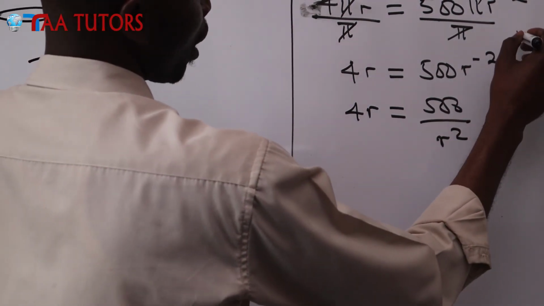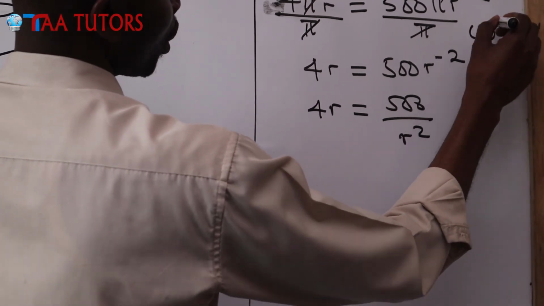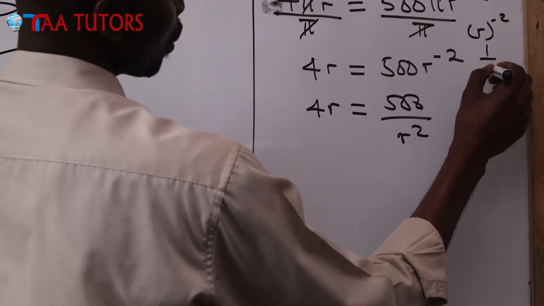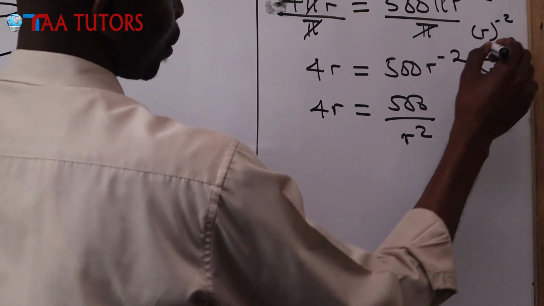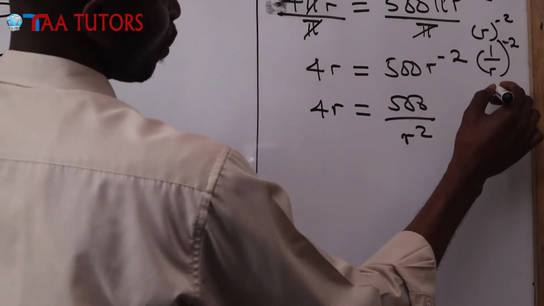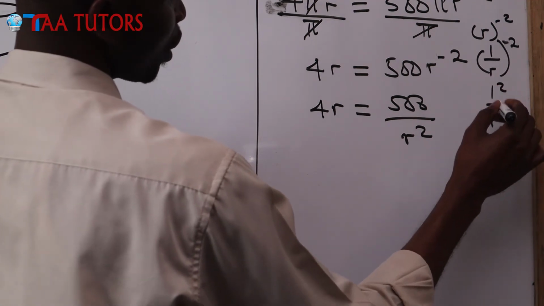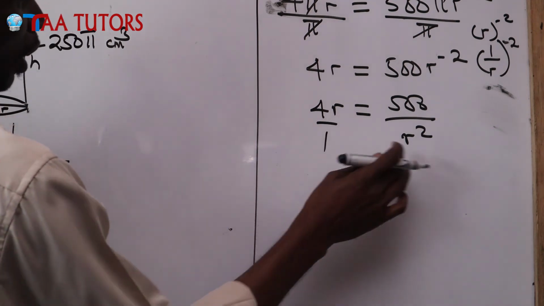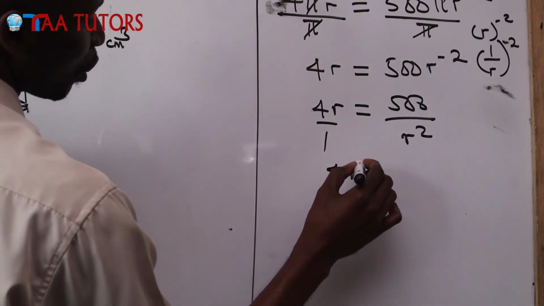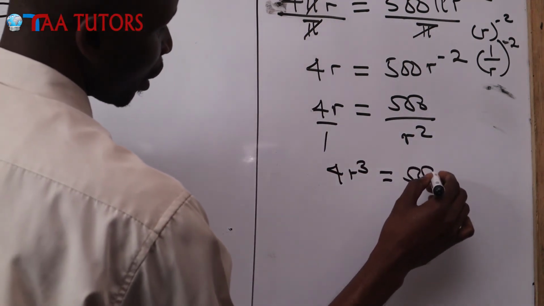I know that if I have r raised to the power negative 2, I can say that's the same as 1 over r raised to the power 2 positive. If I open this, that will be 1 squared over r squared, which is the same as 1 over r squared. So that's exactly what we are going to get. Then we cross multiply, and we get 4r cubed equals 500.